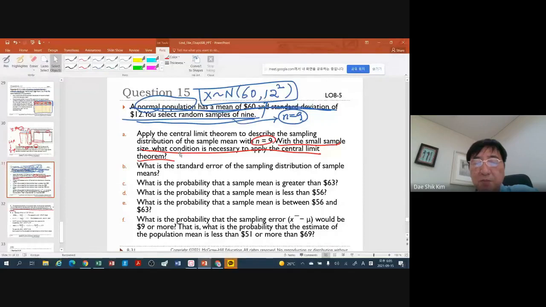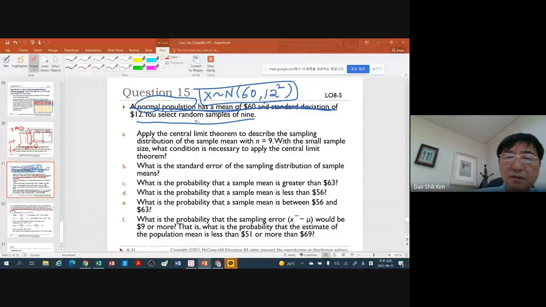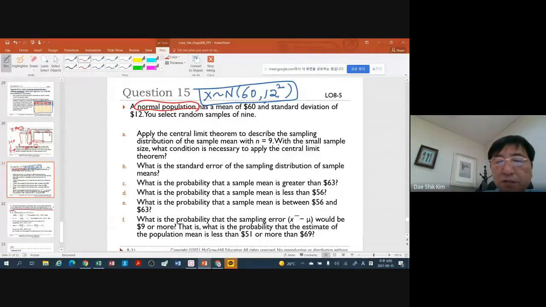Describe the sampling distribution. What does it mean? You need to understand the population is normal, and the sample size is 9, and we apply the central limit theorem to describe the sampling distribution. What is the X bar distribution like? We know that X double bar will follow mu, and here 12 divided by the square root of 9, squared.